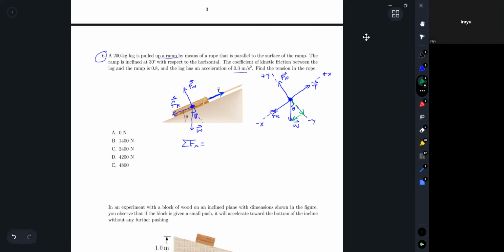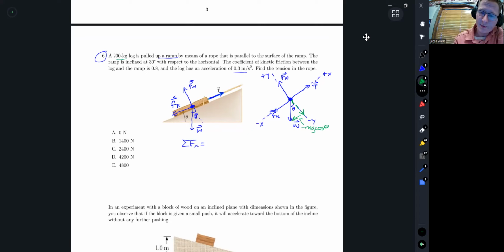Yep, and so usually since we're given a mass, it's good to remember that W has a magnitude of mg. So I'm going to label that as negative mg cosine theta, the negative being because it's going towards the negative x direction. Oh, I'm sorry.